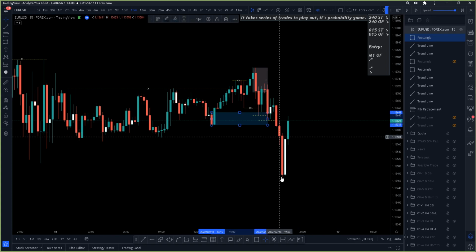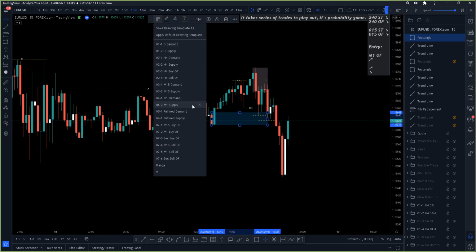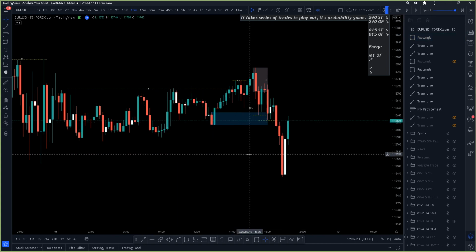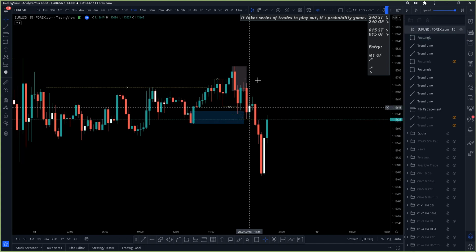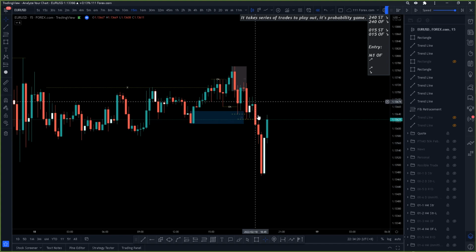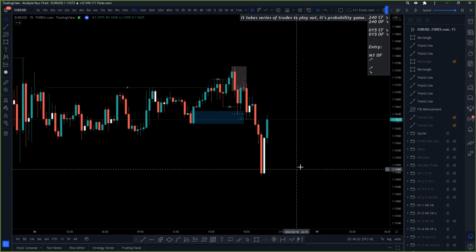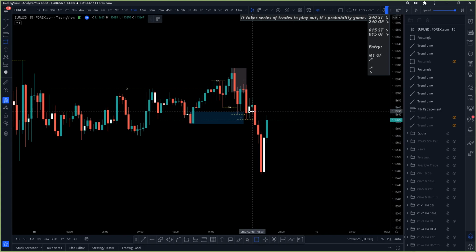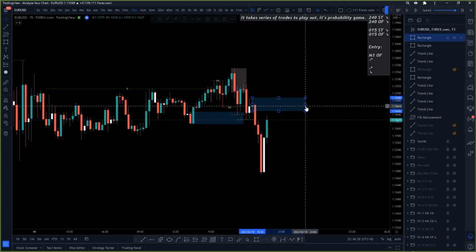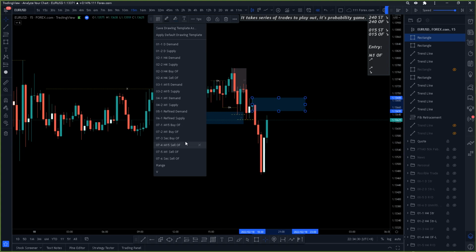Refined. Buy order flow. And here is my sell order flow. Here's my buy to sell that has broken the structure.